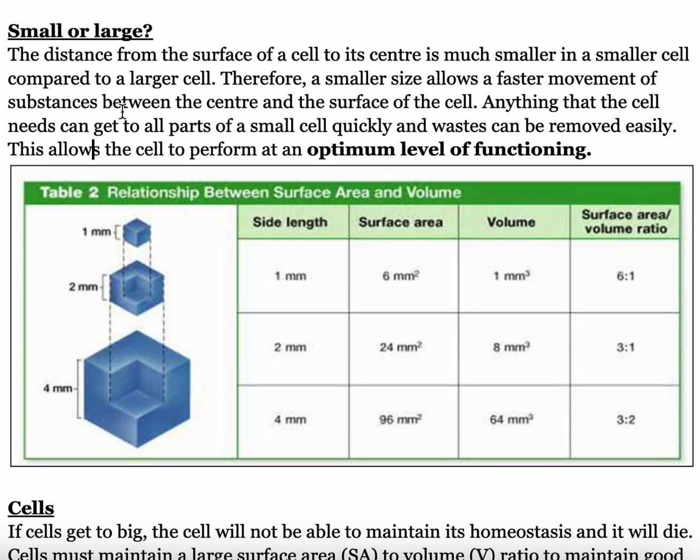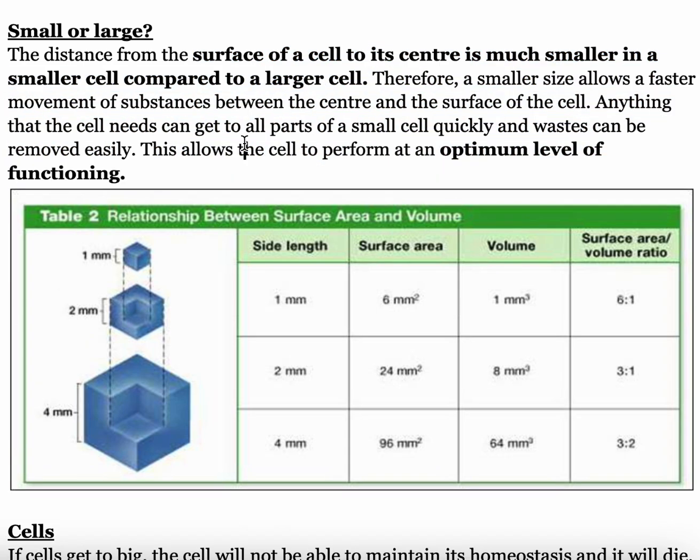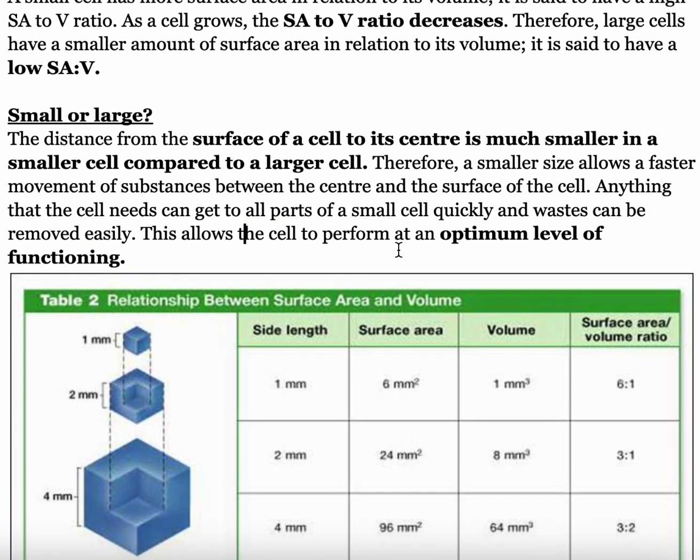The distance from the surface of the cell to its center is much smaller in a smaller cell compared to a larger cell. Therefore, the smaller size allows a faster movement of substances between the center and the surface. I think we know this from above.